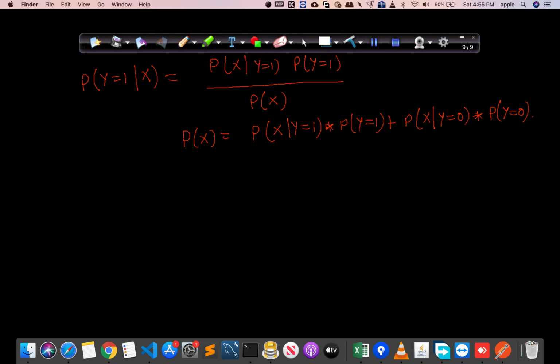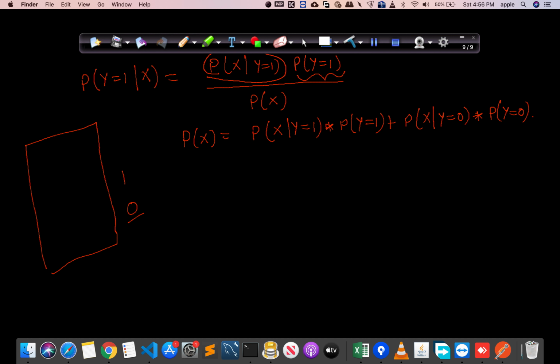Simple. Now you must be wondering what we are actually doing in naive Bayes. In naive Bayes we are trying to estimate this particular thing, because the priors are already known. In our whole training set we have various points, and those points will belong either to class 1 or to class 0.